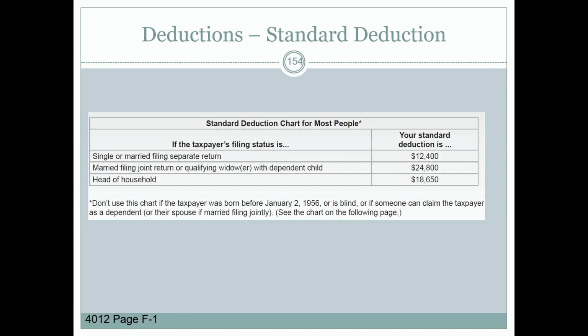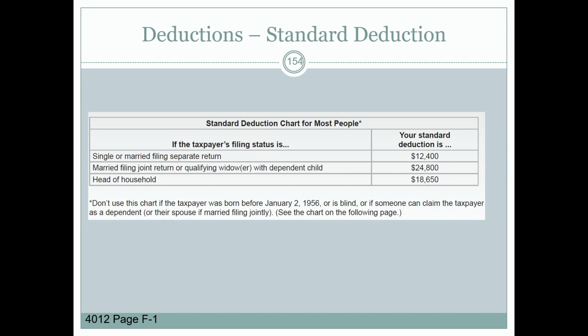Page F-1 of 4012 outlines the standard deduction for most people. If you are single or married filing separate return, of course, we don't typically prepare married filing separate returns, your standard deduction is $12,400.